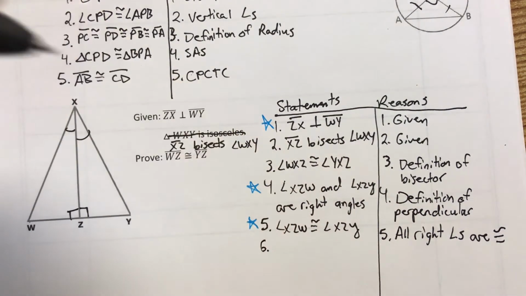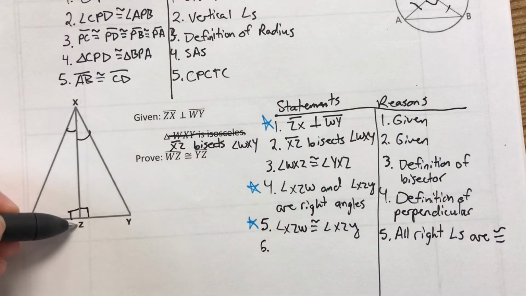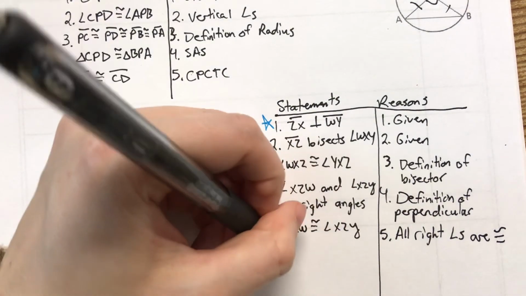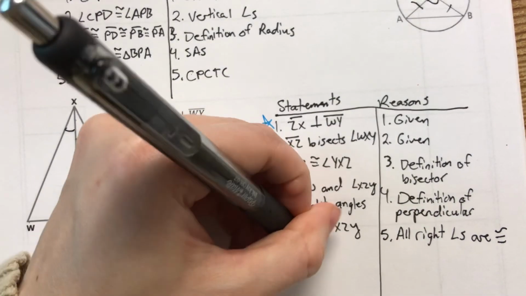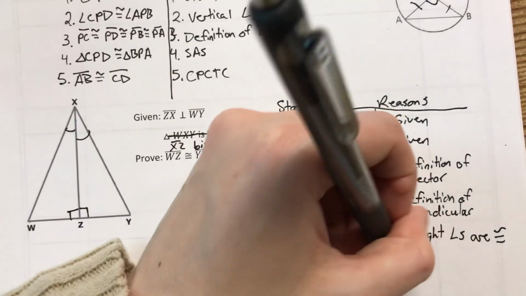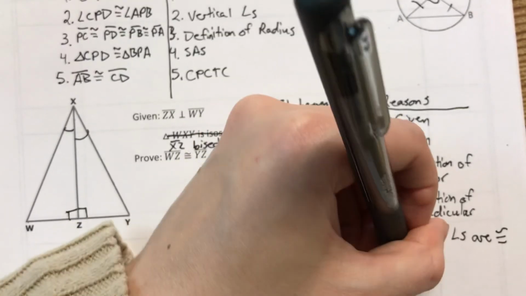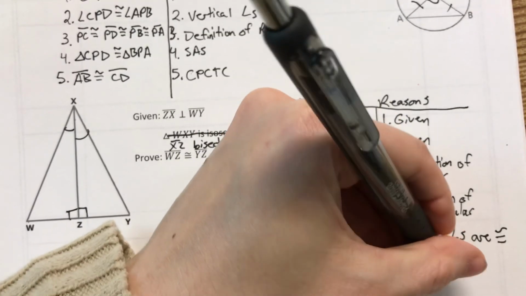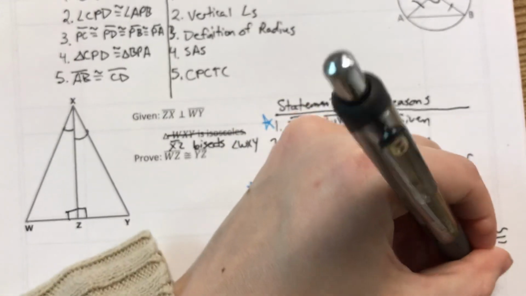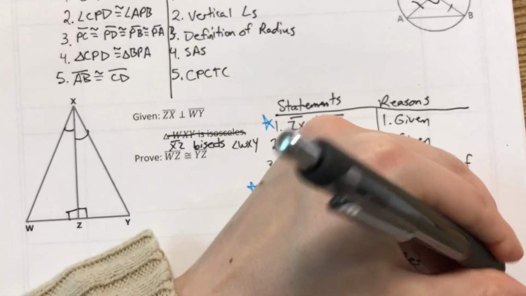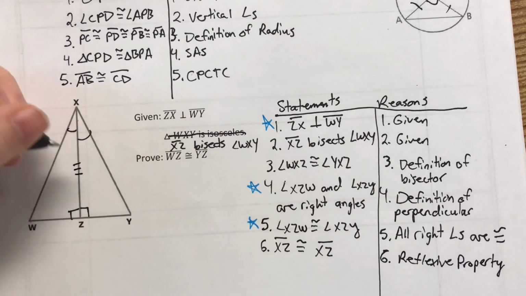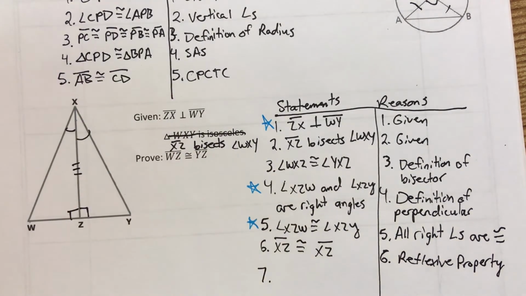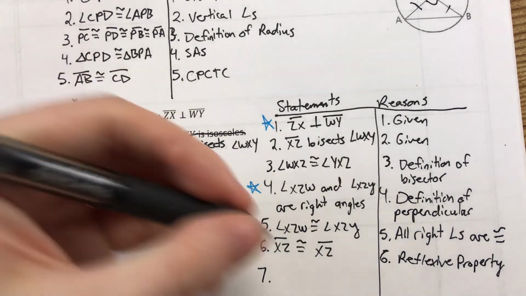Next step on here, we have a shared side. So XZ is congruent to XZ by the reflexive property. We can mark that.